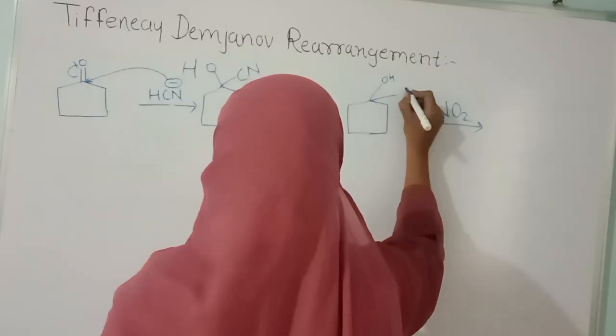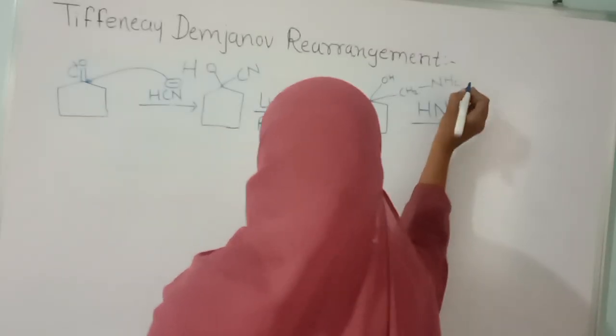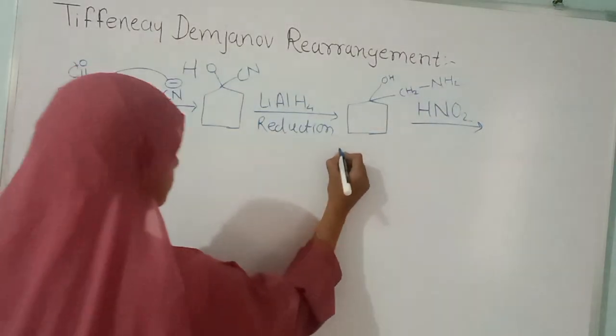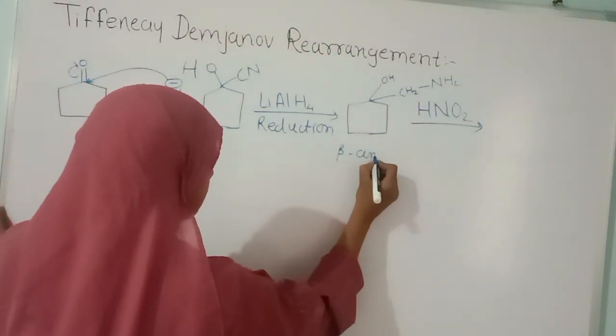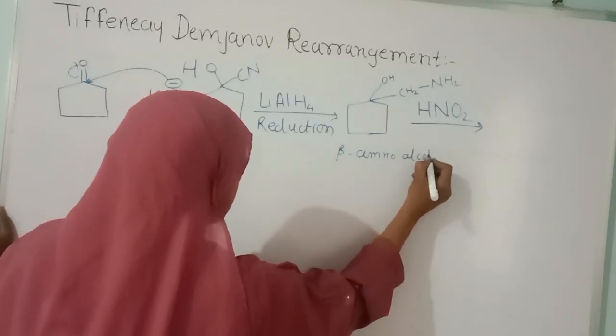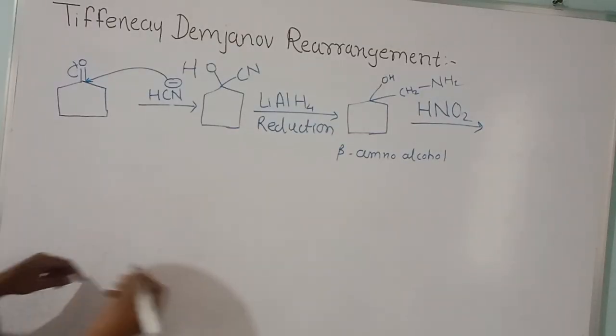OH, CH2, NH2, which is your beta amino alcohol. What is the name of it? Or simply, the name of this product is 1-aminomethyl cyclopentanol.